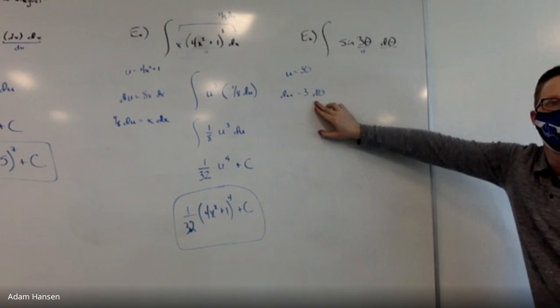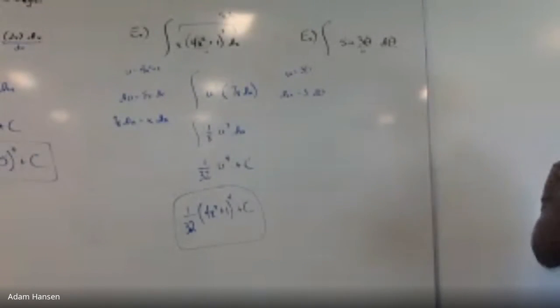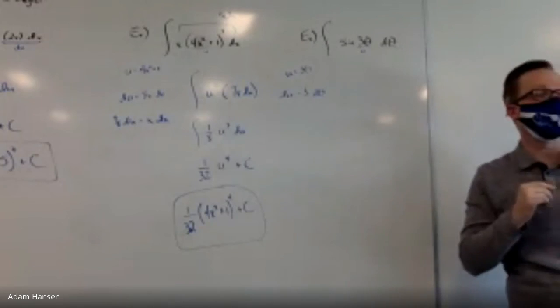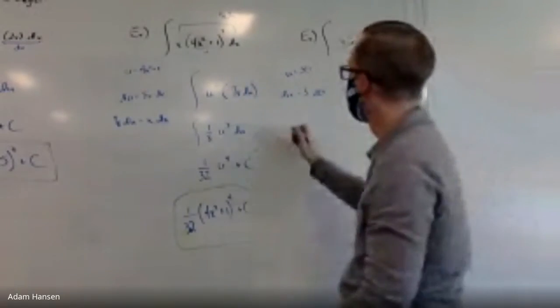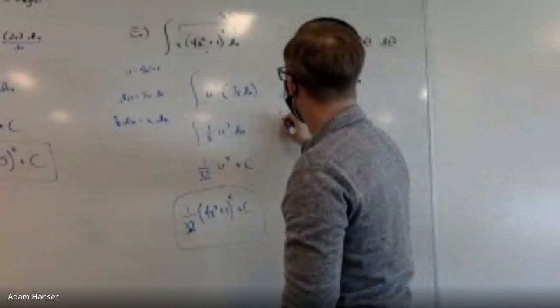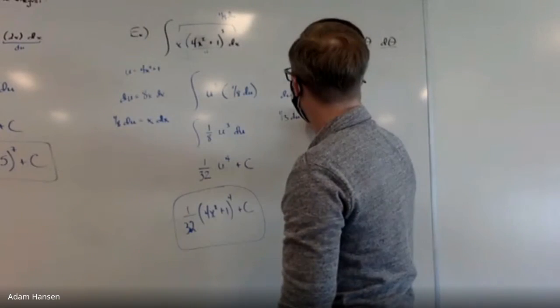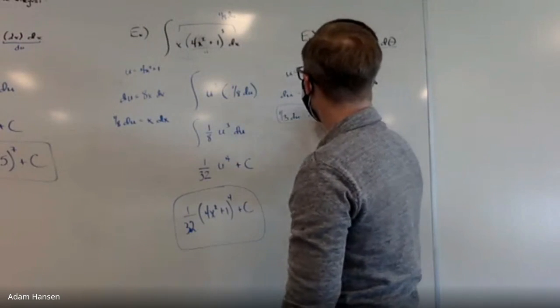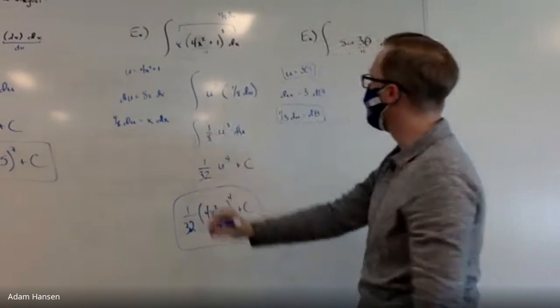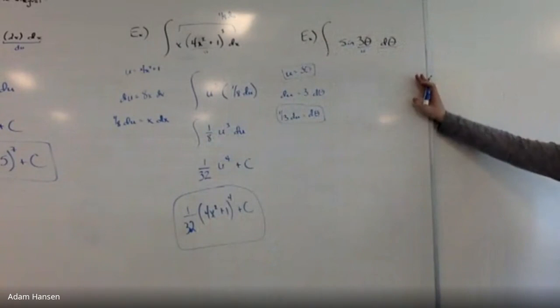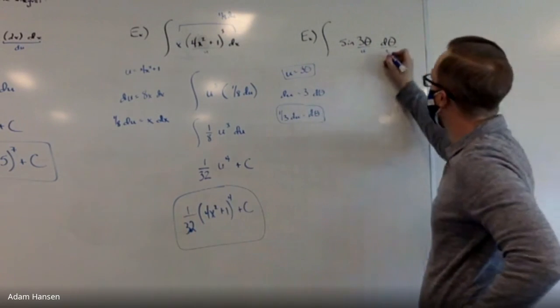Divided by 3 is the same as multiplying by 1/3. Looking at this part and this part, we can write my entire integrand in terms of u and du. D theta is equal to 1/3 of du.